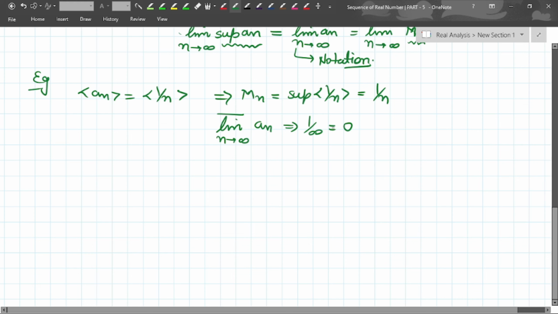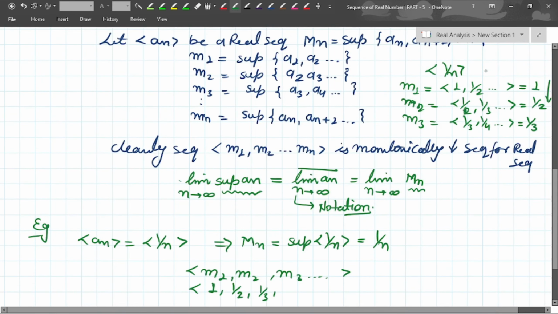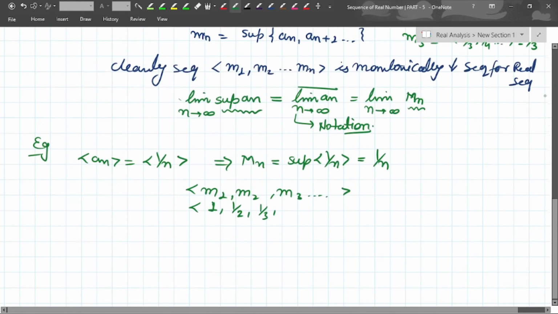But what is the limit? Okay, just forget about it. What are small m_1, m_2, m_3 here? That we will discuss. That is nothing but 1, 1 by 2, 1 by 3. It's not the sequence itself; that is the supremum of all these things.